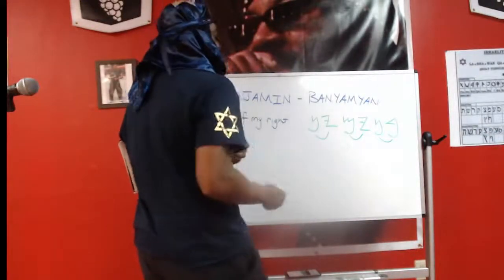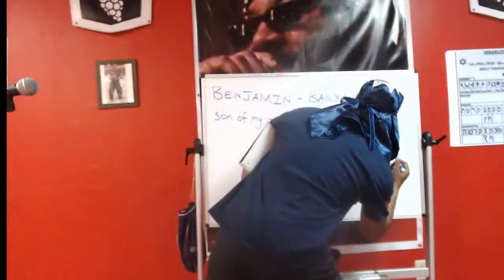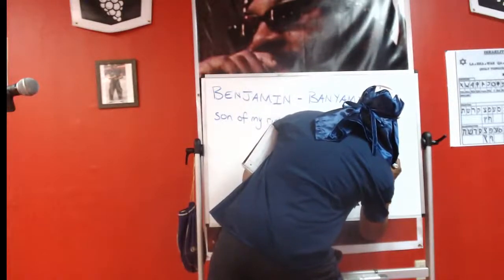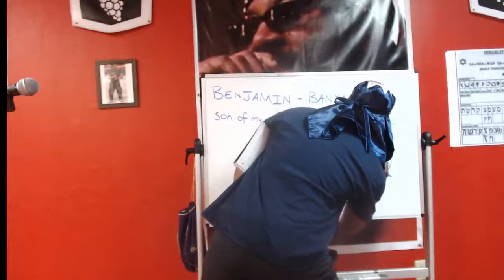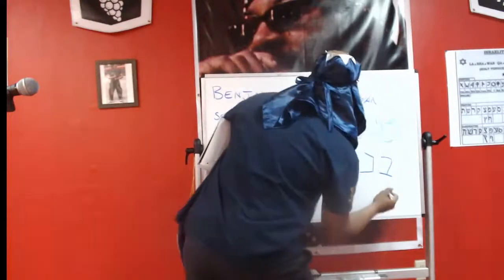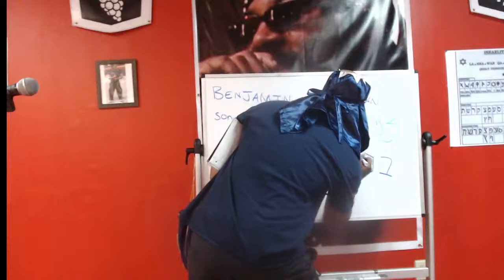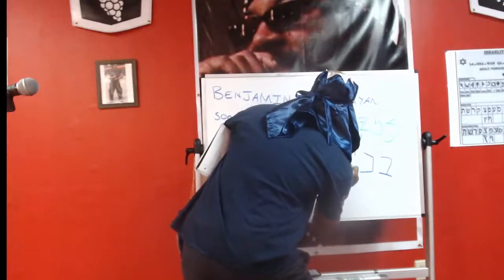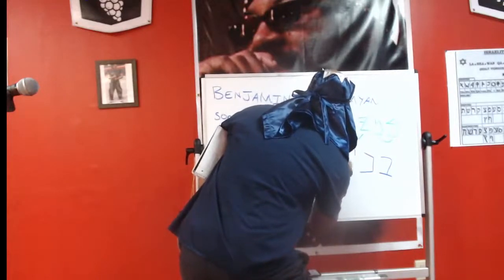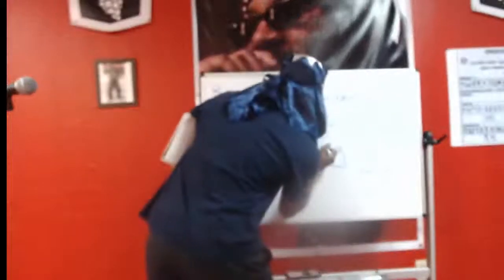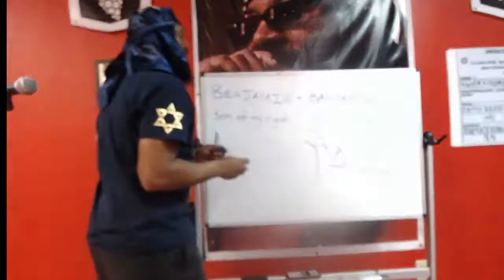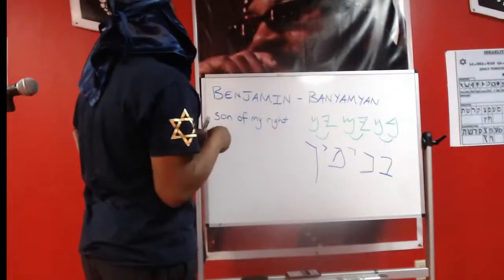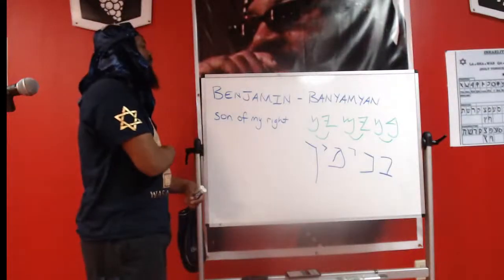Now let's write this out in Assyrian, right from left. Ban, Yum, Yun. Yeah. All right. So, review mode.